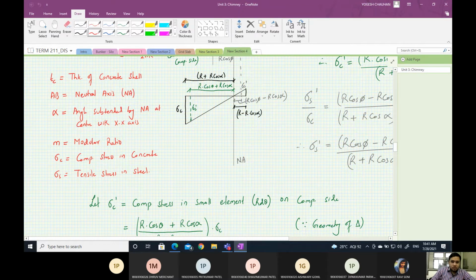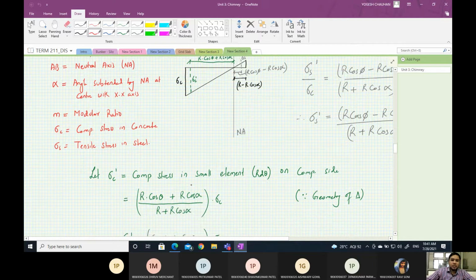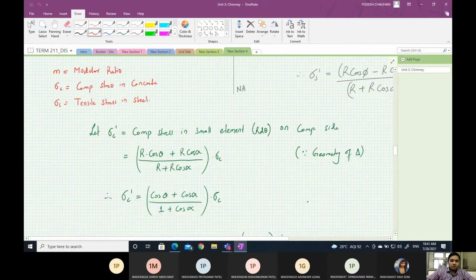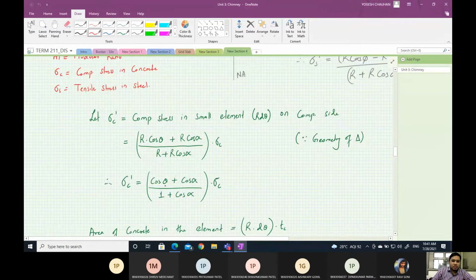So the stress sigma c dash will be r cos theta plus r cos alpha divided by r plus r cos alpha into sigma c. This is from the geometry of triangle. So you will get sigma c dash is equals to cos theta plus cos alpha upon 1 plus cos alpha times sigma c.